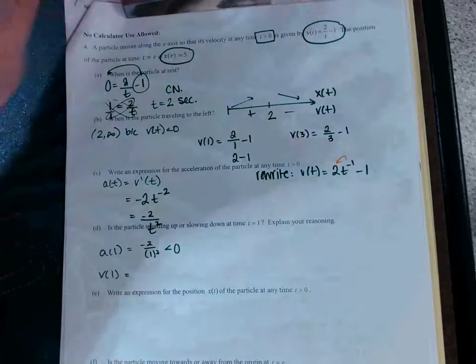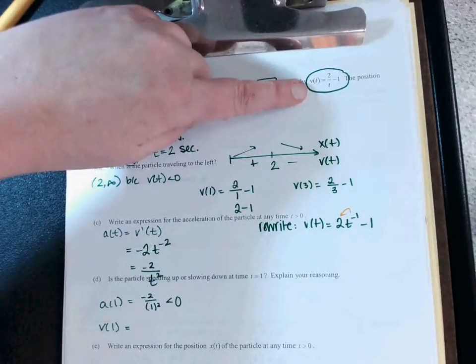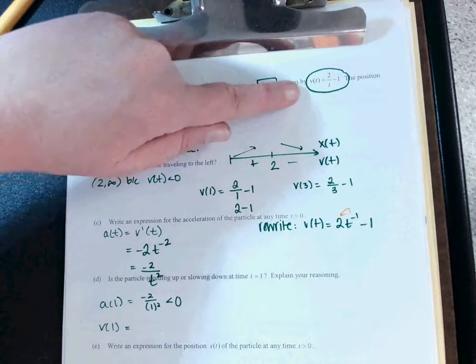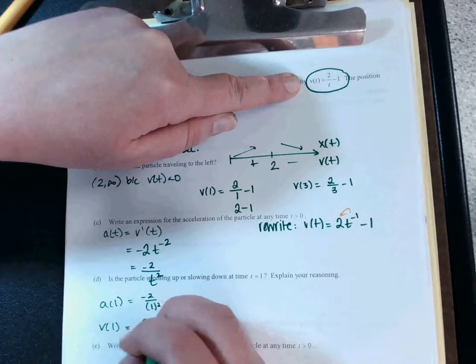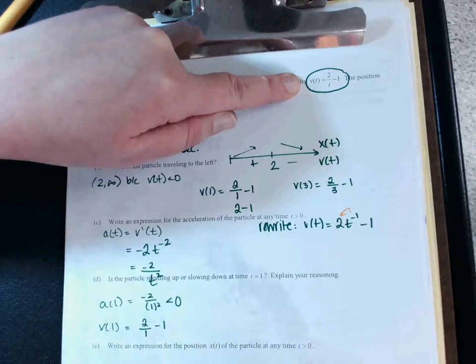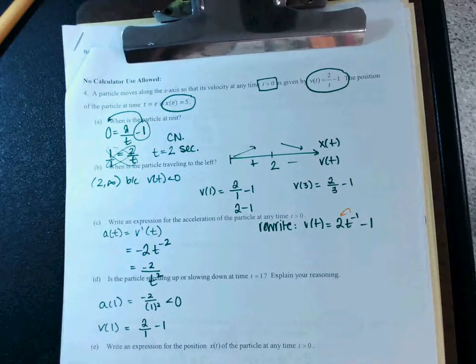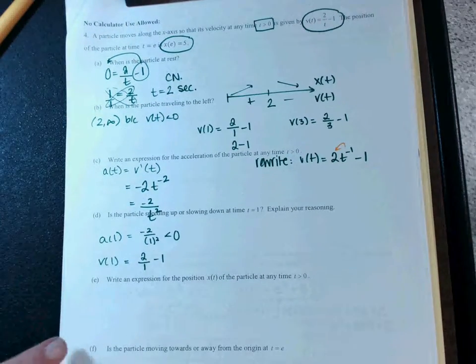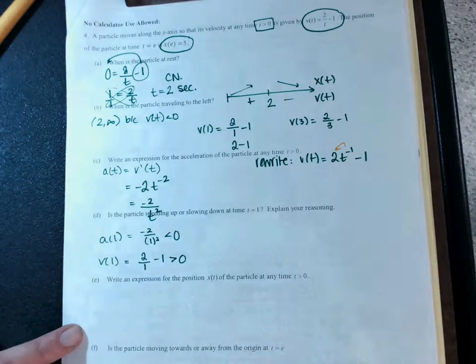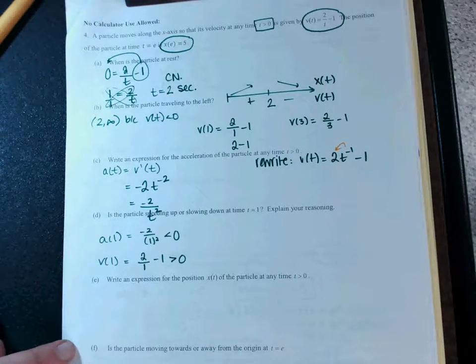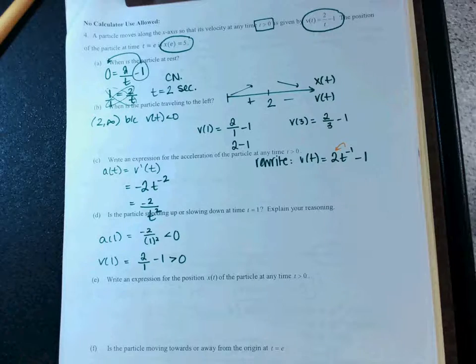I'm going to go back to the original version, this one up here, because I don't want to have to plug into that. So it'd be 2 over 1, and then minus 1. Okay, well 2 over 1 is really 2. 2 minus 1 is positive 1, yes. So my acceleration was negative, my velocity was positive. Am I speeding up or slowing down?